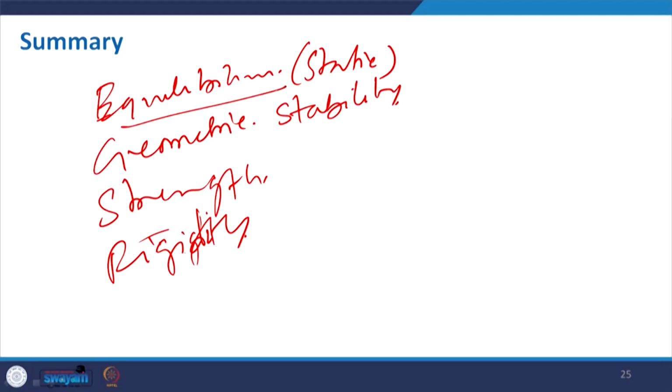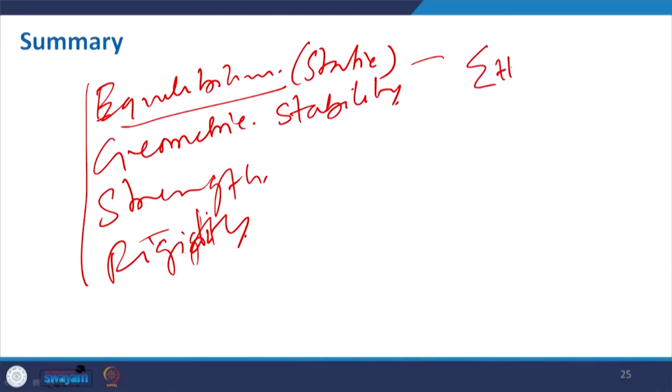To make the structure stable, equilibrium and everything will play together. So, this is a very important discussion that we had in this lecture. These are the structural requirements in order to make your structure resist all imposed loads.